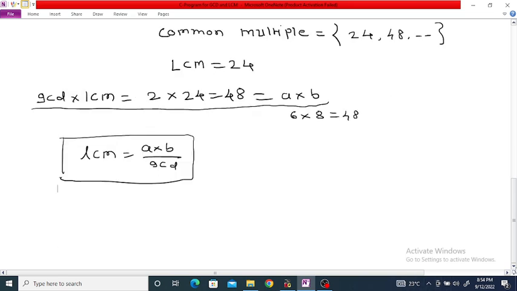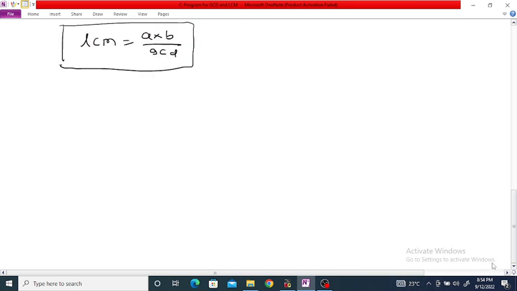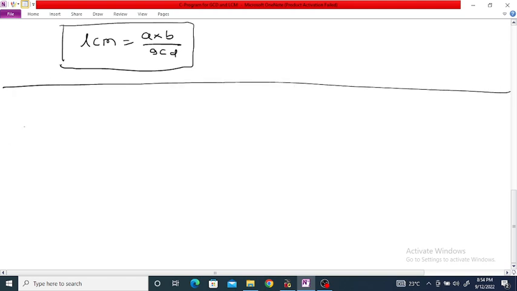So now, how to find the GCD? Suppose we enter A is equal to 12 and B is equal to 18. The largest number is 18. So we take numerator is equal to 18 and denominator is equal to 12.